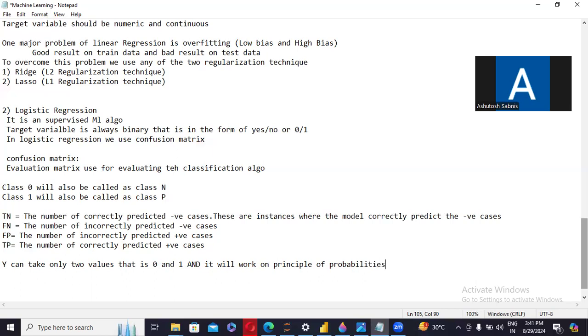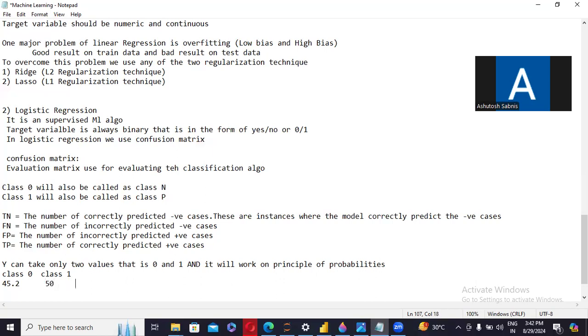So here we are dealing with probability: whichever probability is more, of class 1 or class 0, the final assumption will be in that class. For example, here is class 0, we got something like 45.2, and in class 1 we got 50.